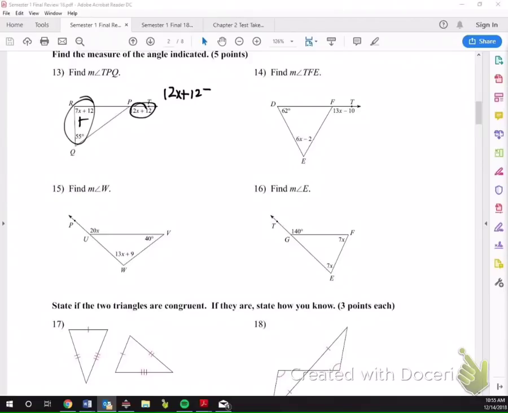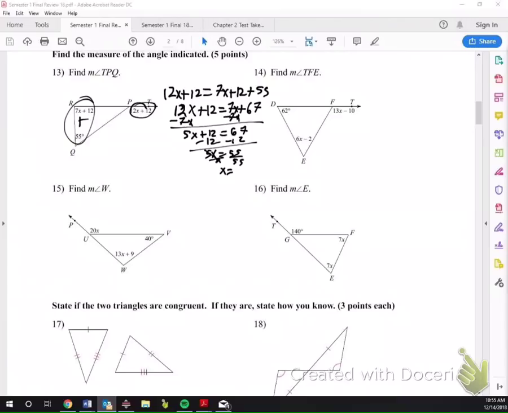So we have 12x plus 12 equals 7x plus 12 plus 55. 12x plus 12 equals, combine like terms, 7x plus 67. We subtract 7x from both sides, and we get 5x plus 12 equals 67. Subtract 12 from both sides, we get 5x equals 55, or x equals 11, after we use the division property of equality.